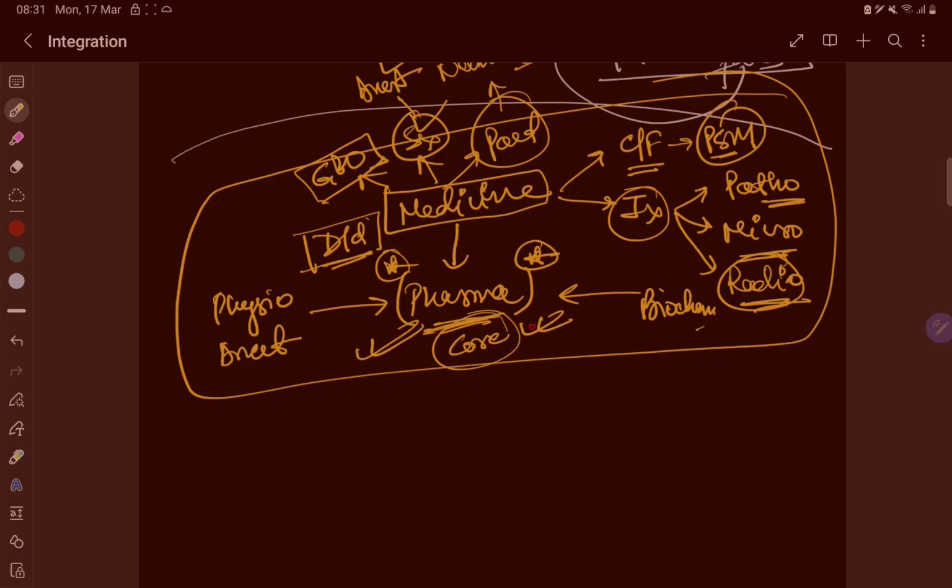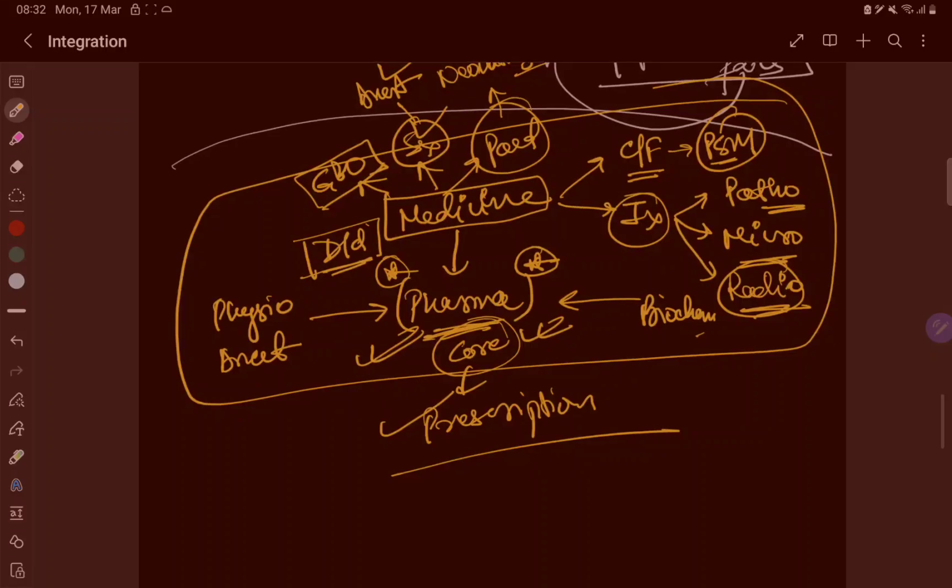You study everything. You start writing the prescriptions. Wherever in life you write a prescription, you have to understand how to write a prescription in pharmacology only, right. So I'm not just focusing on pharmacology. I'm telling every branch is important, but everything is connected. You don't have to say that okay, this branch is good, this branch is better. It's not like that.